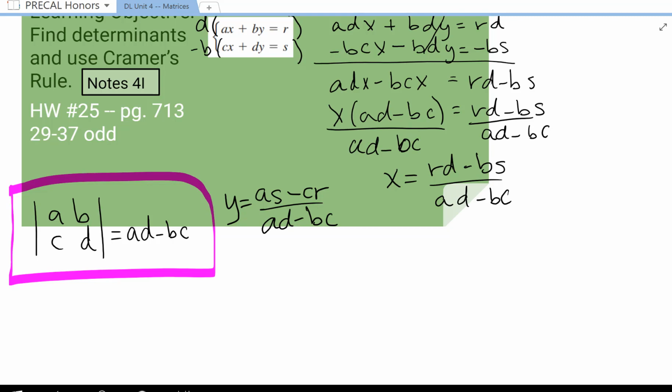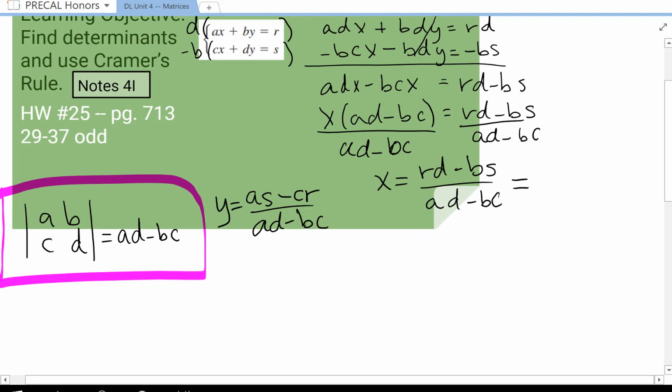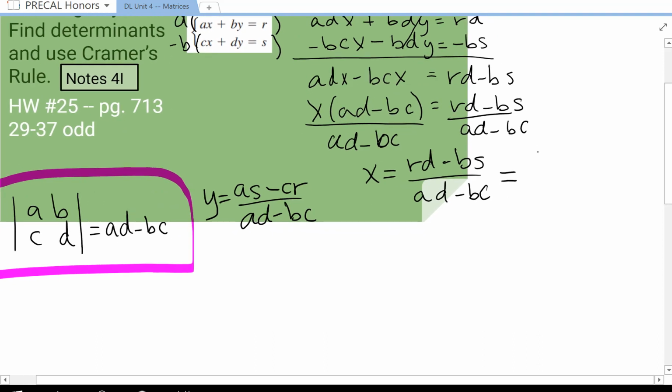So let me show you first with x. X is equal to RD minus BS. Okay, so that means we take the determinant of, usually it's A, B, C, D. R is multiplied by the diagonal D, minus B is next, and then the last letter is here.